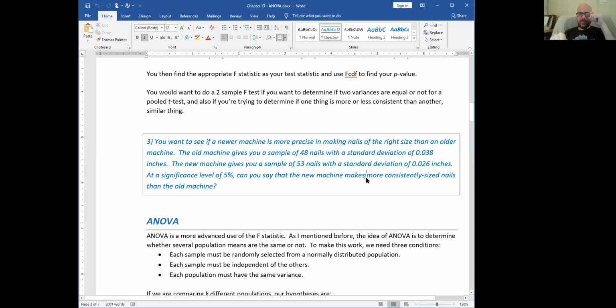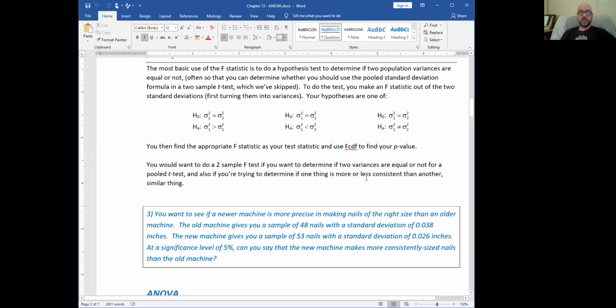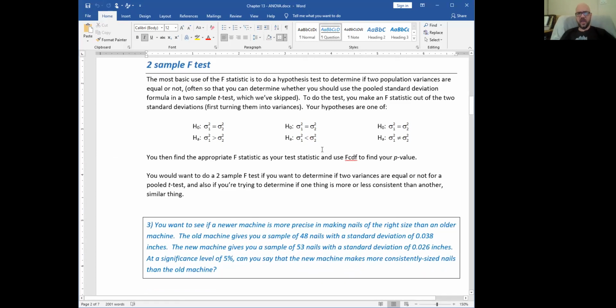That is to say, does the new machine have a lower standard deviation or lower variance than the old machine? So in other words, is sigma sub n less than sigma sub O? Right, so if 1 is n and 2 is O, then I am doing this guy. Is my variance of the new machine less than the variance of the old one?